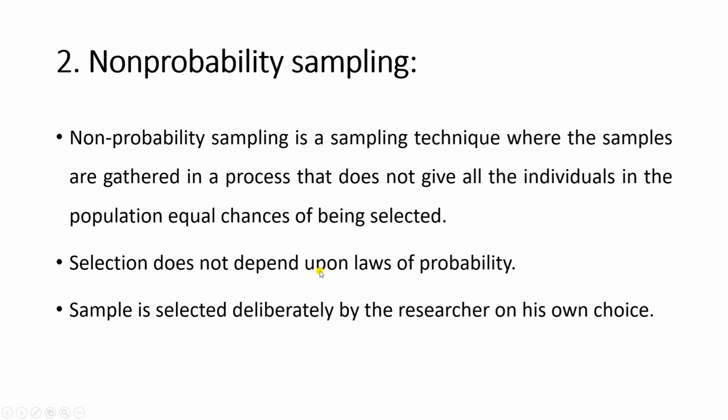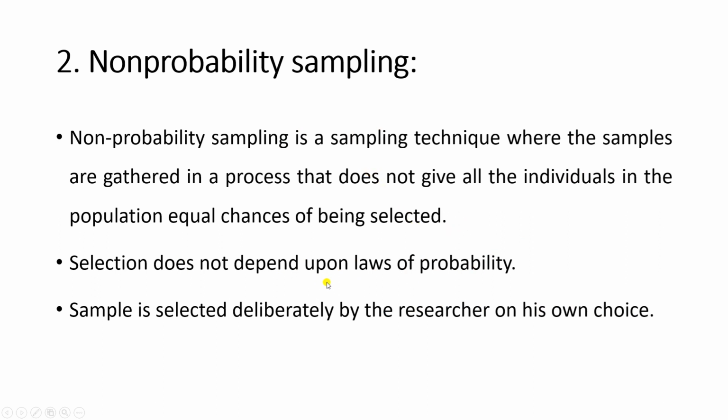Selection does not depend upon the laws of probability, and the sample is selected deliberately by the researcher on his own choice. So the researcher himself decides which individual will be in his study as a part of the sample. So, since he decides, not all the individuals in the population have the same probability.